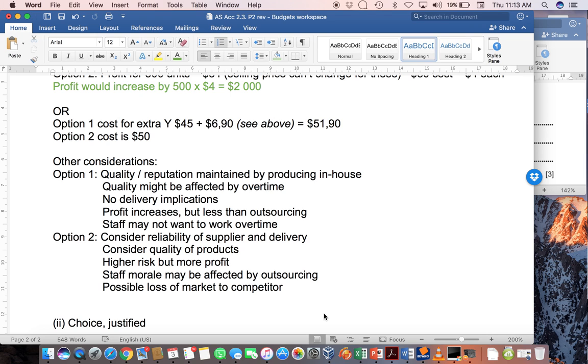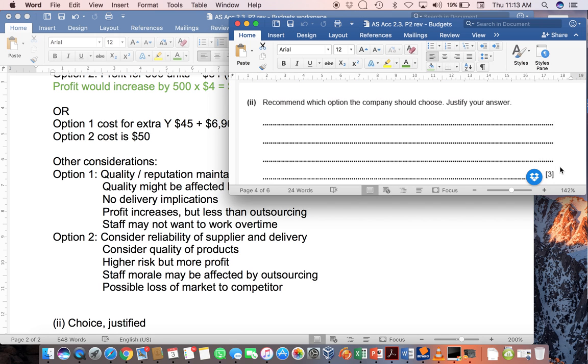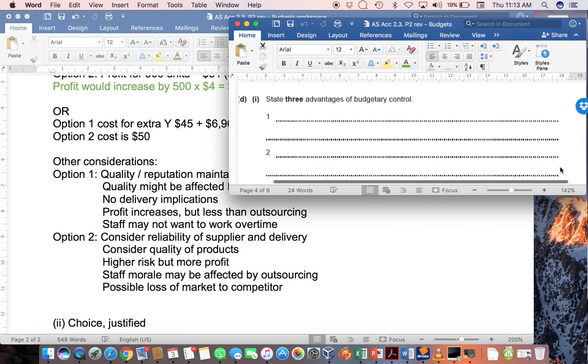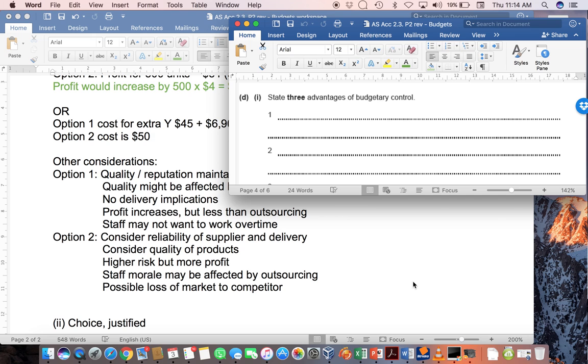Obviously, you would need to have a little bit more information at your disposal about the reliability of the suppliers and your staff, etc. But for number 2, you need to choose either option and make sure that you justify it. In other words, explain your answer, refer back to some of this, and say why you think your option would be the most suitable.